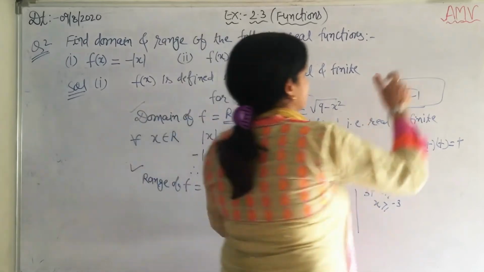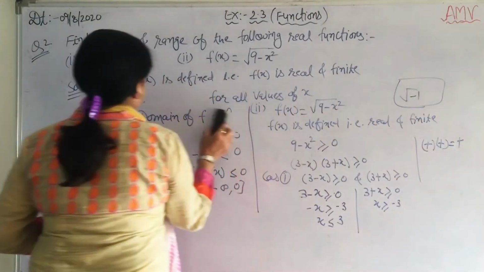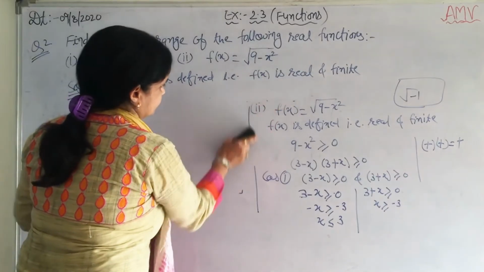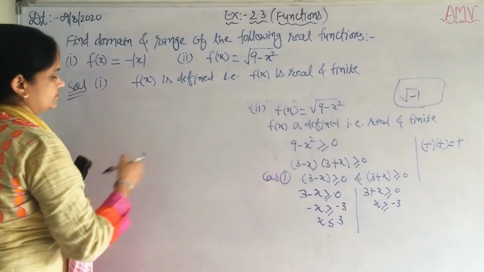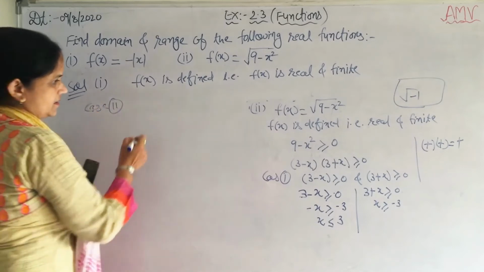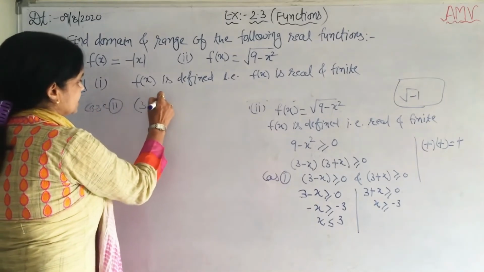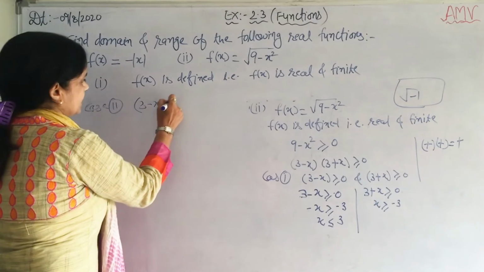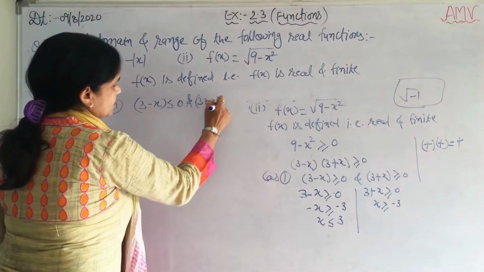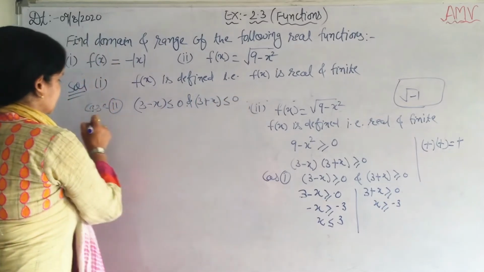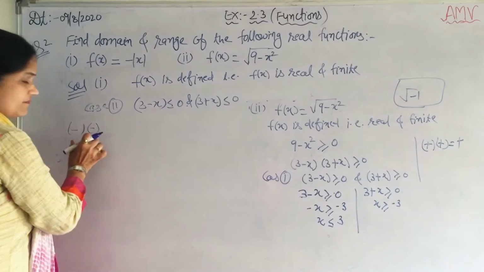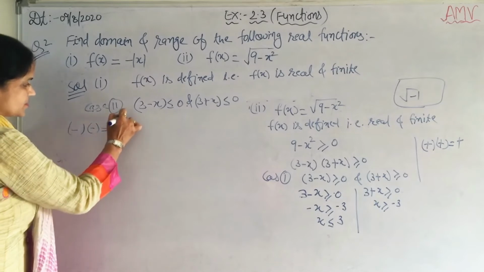Okay, and now consider the second case. For this, 3 minus x is less than or equal to 0 and 3 plus x also less than or equal to 0. Since minus and minus, if two values are negative and we multiply, we will get the positive value.